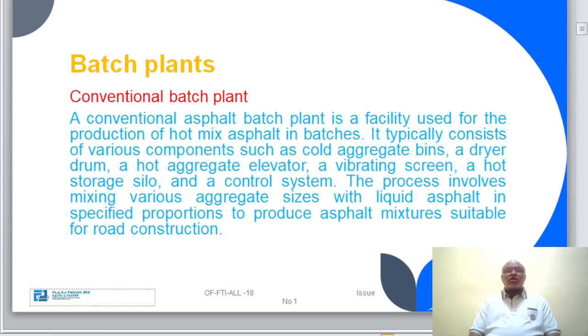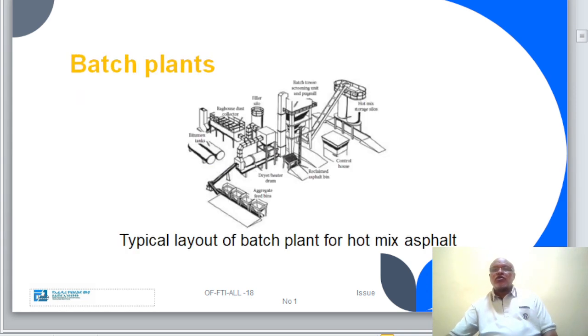A schematic representation of batch plant is given in the figure below. This is a typical layout of batch plant for hot mix asphalt.